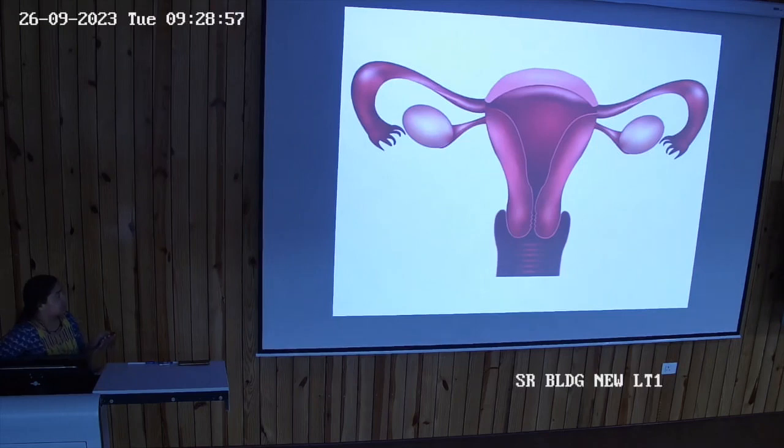In this picture we can understand how the ovaries produce the egg and it is taken up by the fallopian tubes. The end of the fallopian tube towards the ovary is called the fimbrial end, which has finger-like projections. The egg from the ovary will be taken up by the fimbria of the fallopian tube. Then it will travel along the fallopian tube and fertilization will occur in the fallopian tube.